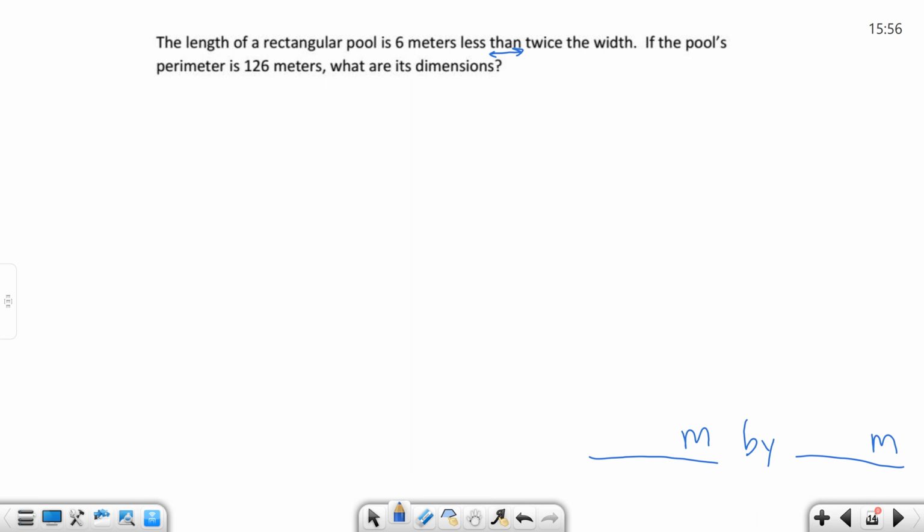But look, the length of a rectangular pool, the length is, I don't use a lowercase L. That looks like a 1 for most everybody that writes it. If I use a lowercase L, I do it cursive. Otherwise, I do a capital L. I want to encourage you when you write something to think about it.